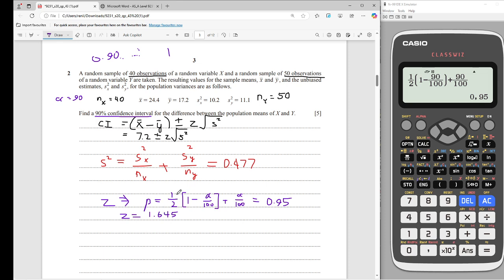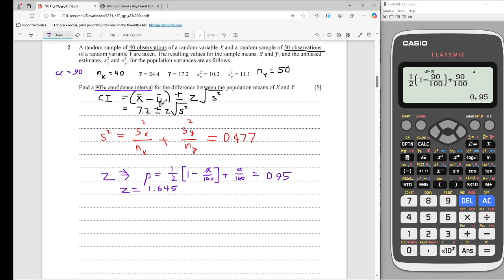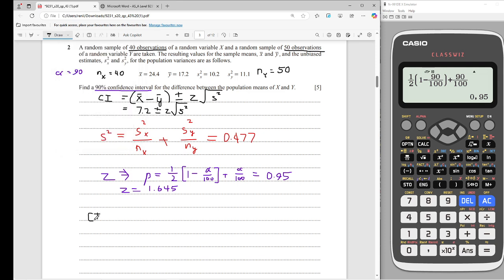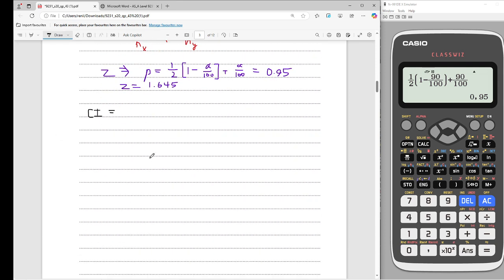Now that we have every single value we need to calculate the confidence interval, we can just plug that in. So going back, CI equals 7.2 plus or minus 1.645 times root of 0.477.